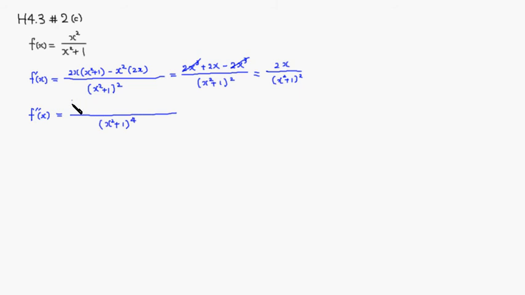Then derivative of the top, 2, times the bottom, x squared plus 1 squared, minus 2x times the derivative of the bottom, which is 2 in front, the quantity x squared plus 1, subtract 1 from the power, then multiply by the derivative inside, 2x.